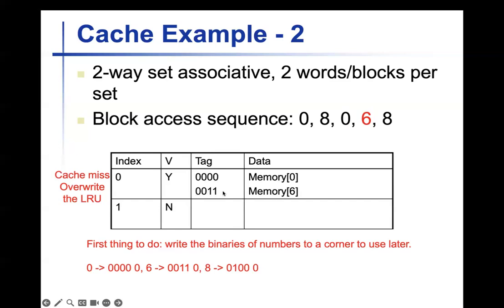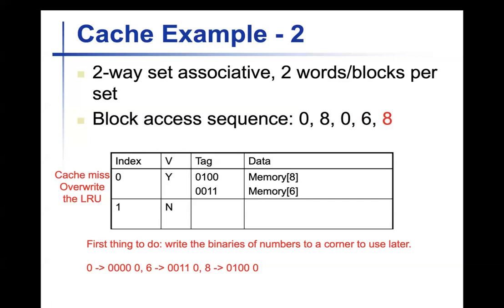And then the next request is going to be 8 again. This means that the least recently used data has to go away again. In this case, 6 was the most recently used data that came into the cache, so I have to remove memory location 0, the data of memory location 0.